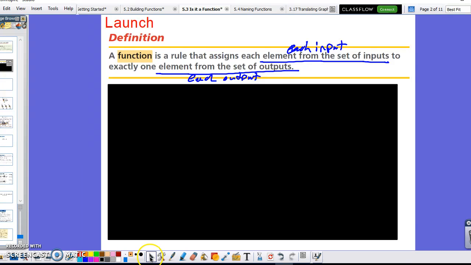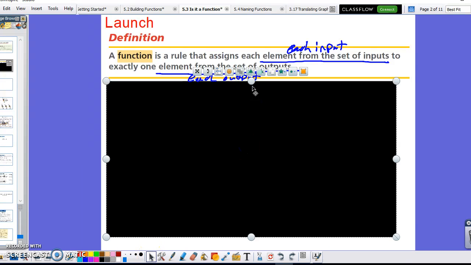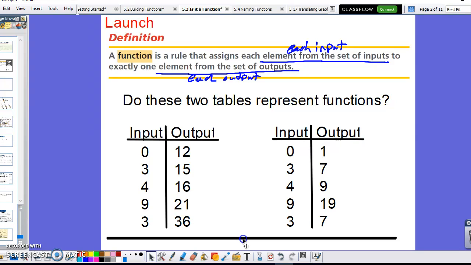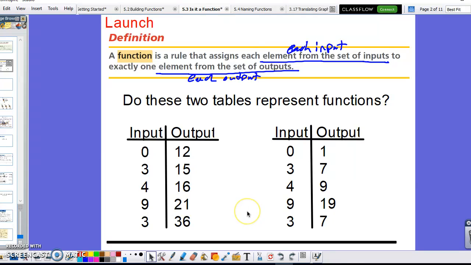Okay, so let's just look at a really basic example. Let's say we got two tables here, and the question is, does each table represent a function? If you take a look at those two tables, we're looking at the inputs, we're looking at the outputs, and we're checking, does each input have exactly one output?